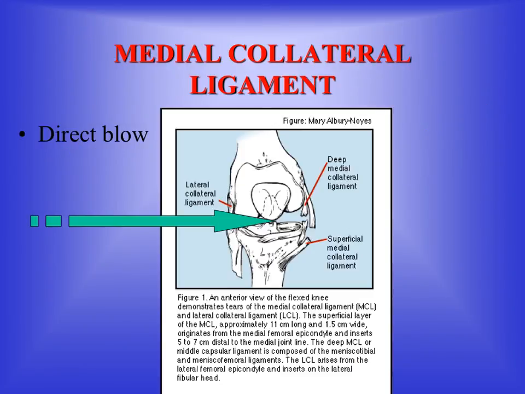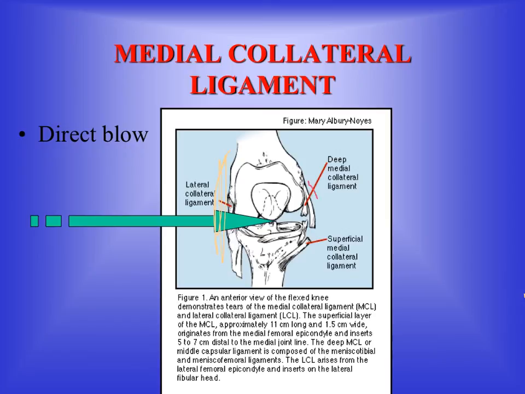What I really like about this figure is it represents injury to the medial collateral ligament, right? So a patient receives a blow to the lateral aspect of the knee, right, outside of the knee, and as a result, it causes a tear of the medial collateral ligament. What's interesting about the medial collateral ligament, and I'm not sure if you see it, there are two bundles to the collateral ligament.